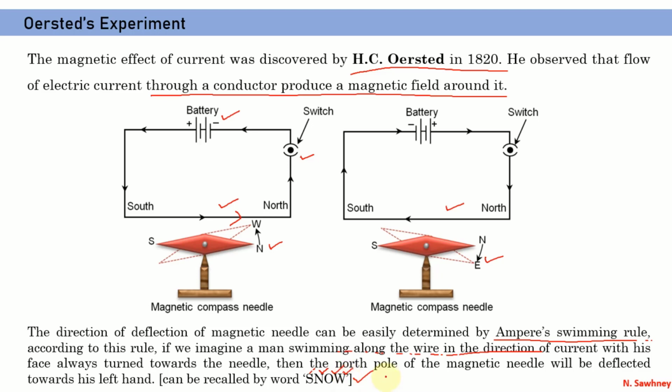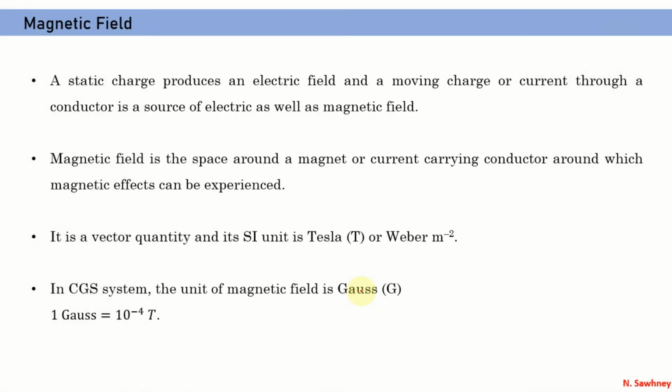This deflection of the needle shows that due to the passage of the current in the wire, magnetic field is established around it. Also, by increasing the current in the wire or bringing the needle closer to the wire, deflection increases. So, this experiment shows that magnetic field is produced due to electric current.